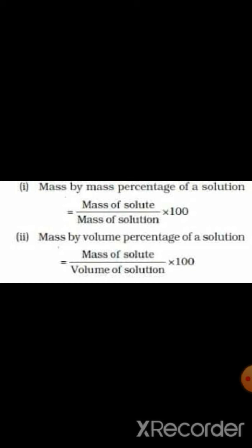This is equal to mass of solute by mass of solution into 100. In this formula, you are writing the mass of solute present in a given mass of solution as a fraction, and then to convert it into percentage, we are multiplying by 100.